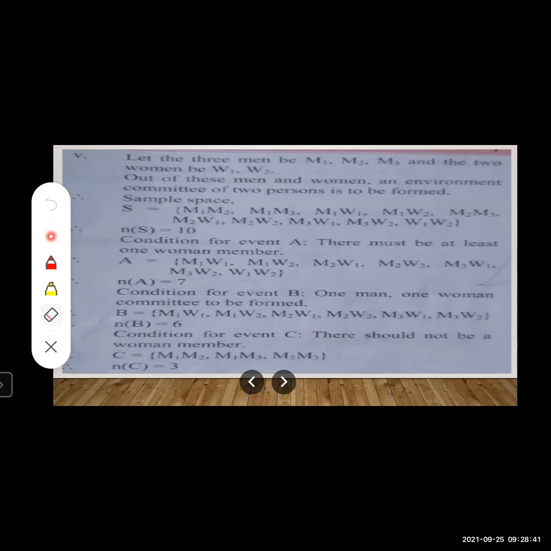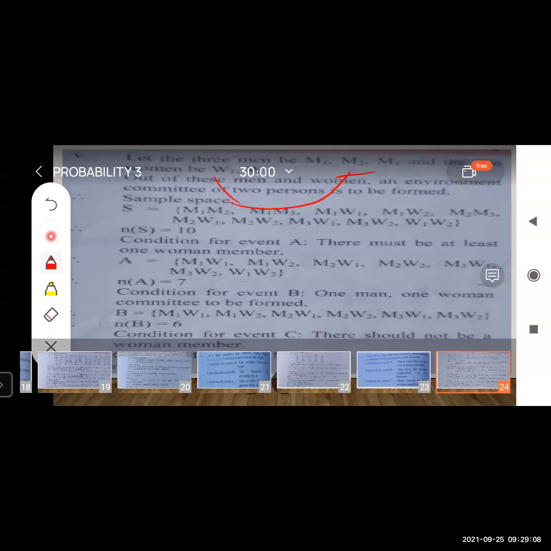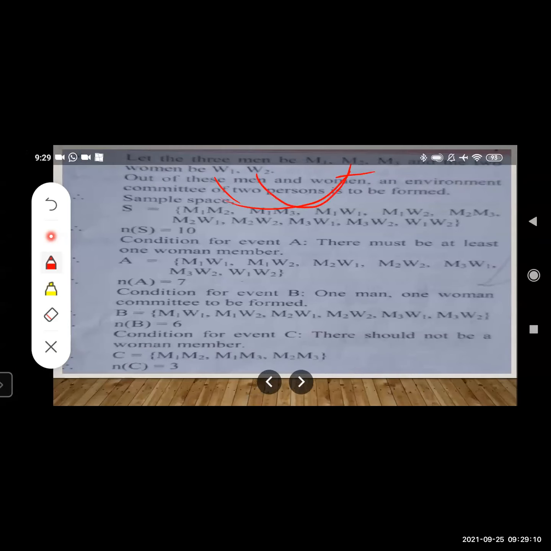So we have taken combinations like this, as we have just discussed. We have taken this first of all. We are taking M1, M2, then M1, M3, right? Then we'll move to M1, W1, then M1, W2. Similarly, after this, M2 will move to W1, then W2.